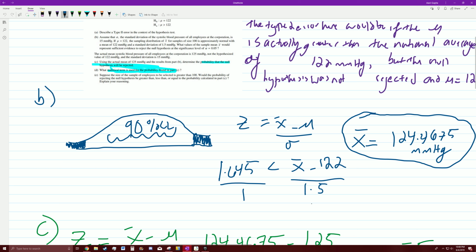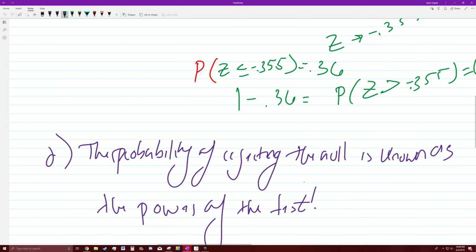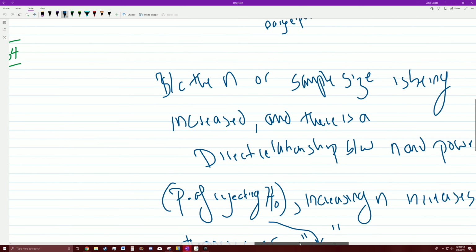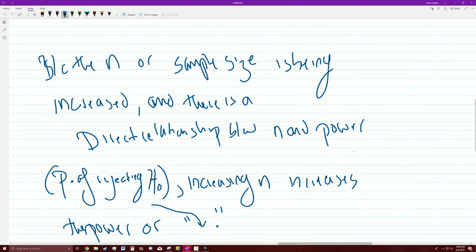As always that happens, like the law of large numbers. So the probability of rejecting the null, if the null was wrong, would therefore be increased. So the easiest way to explain it is this: the direct relationship between the sample size and power.